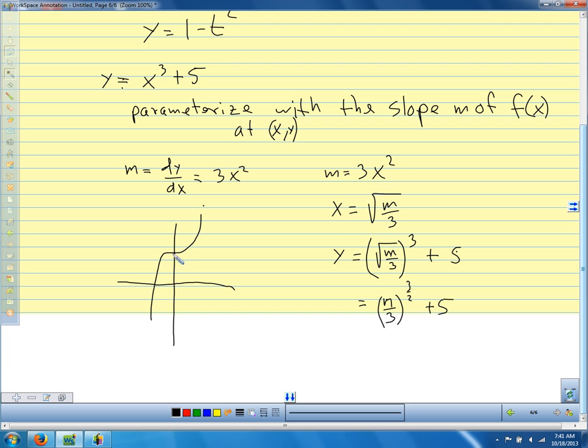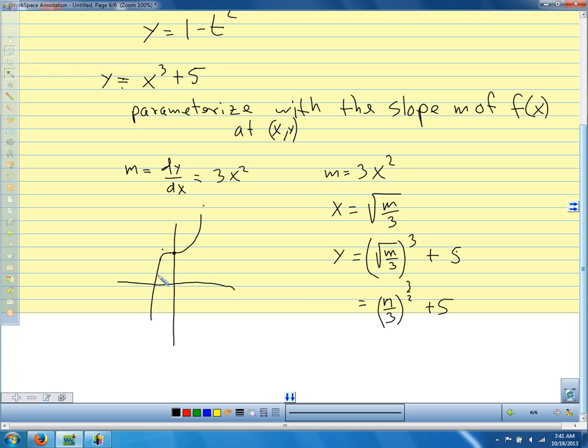At x equals 0, what is our slope on a cubic function? At x equals 0, what's the slope? 0. At x equals 0, the slope is 0. When x is negative, what is the slope?